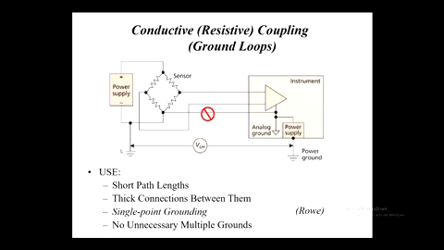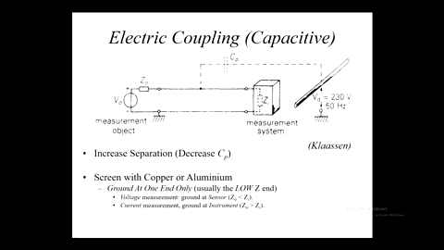Well, we try and make these grounds as electrically short with each other as possible, and the resistance as small as possible between the two. So we talk about single point grounding, and try and minimise the number of grounds as well, so we don't have the opportunity for that cropping up.